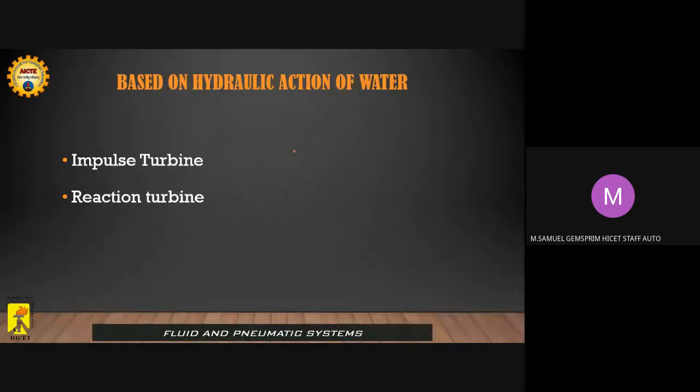So in an impulse turbine, only the hitting force, or the kinetic energy, is converted to mechanical energy, whereas in a reaction turbine, pressure energy comes into play, thereby helping to convert the water's energy to mechanical energy.